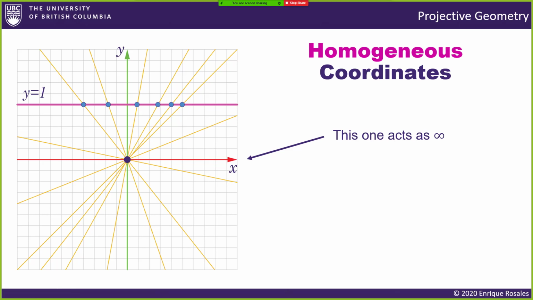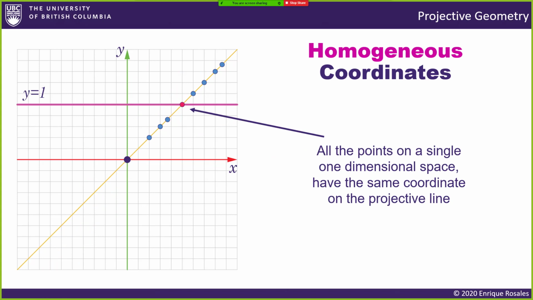Yeah. Okay. So then, as someone already said, if we only see one of those one-dimensional points, you can have an infinite number of points in each of those lines. But because that line is only touching in one single point, the projective line, all these points, all these blue points here, and basically the infinite set of numbers that are in this line have a single coordinate in this one-dimensional space.